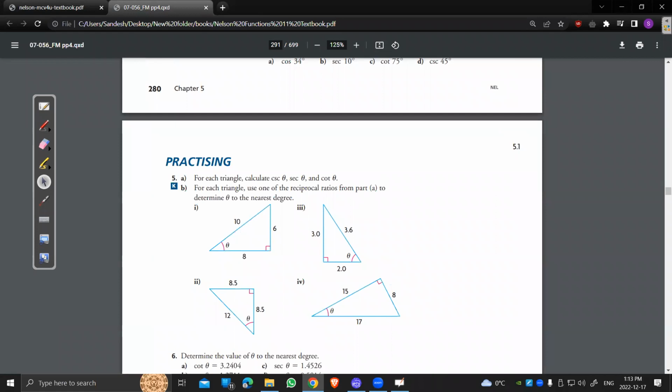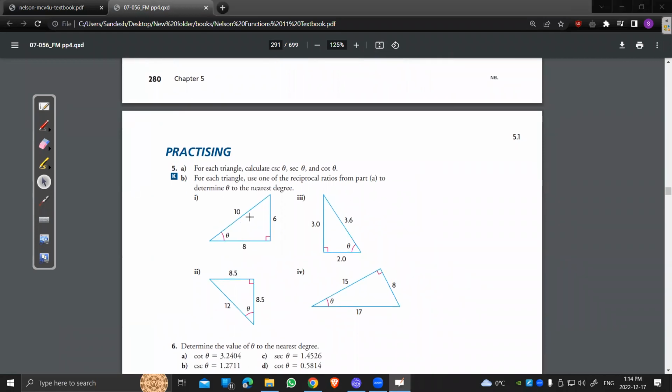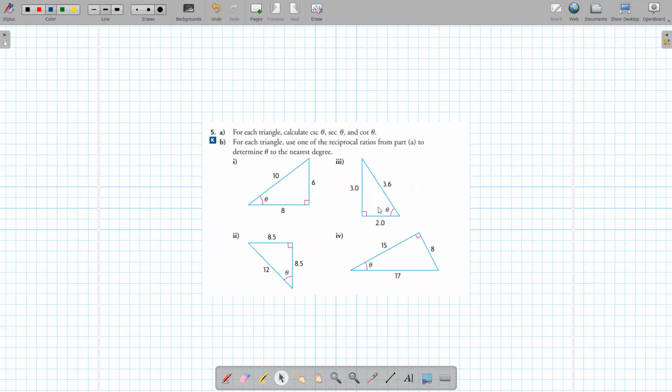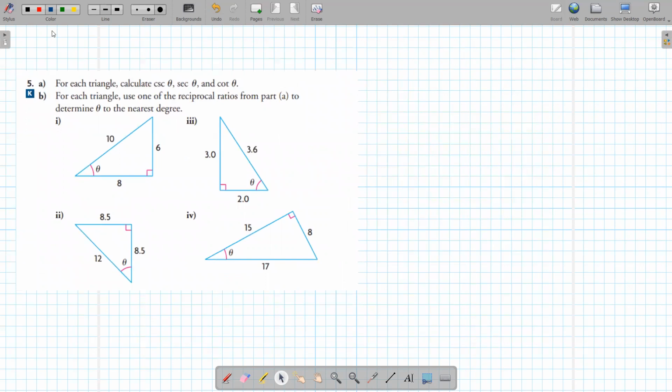But these are the type of questions that you will see for sure. So we have a bunch of triangles. Notice all of them are right-angled triangles. If it's not a right-angled triangle, SOH CAH TOA fails. Let's look at A. Calculate cosecant, sec, and cotangent.